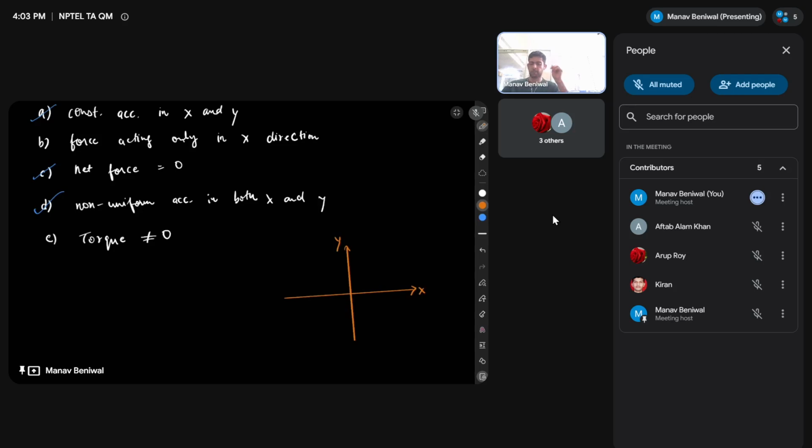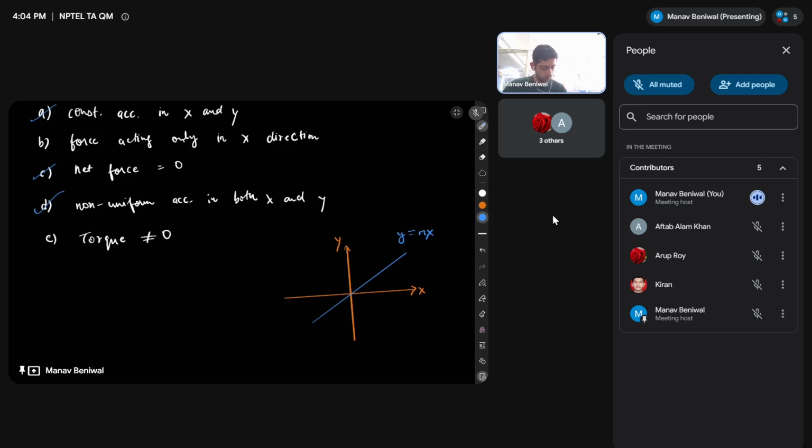Now it is said that our particle is moving along a straight line in this xy plane. So you have taken the straight line to be something like this, correct? And the equation is y equals mx, so it is passing through the origin.